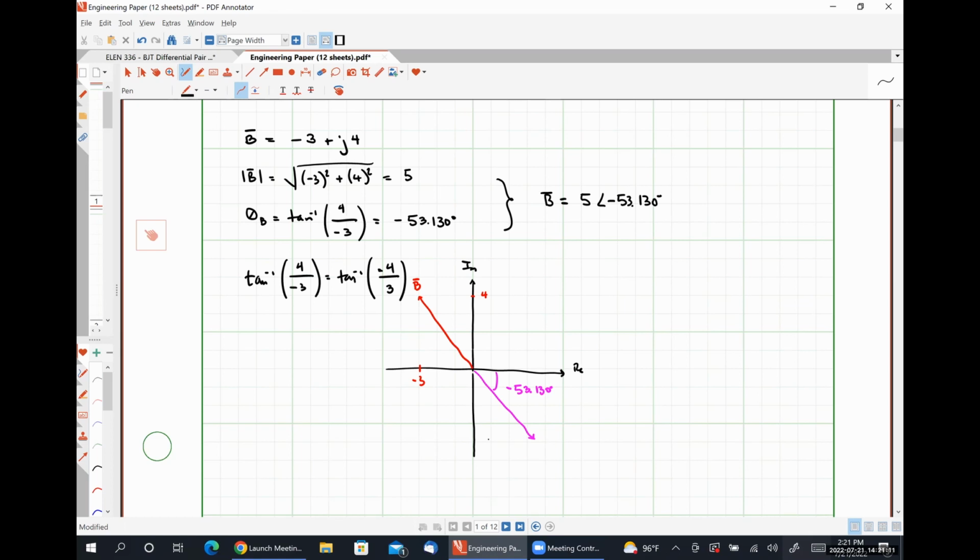But our calculators are smart enough to where if we put in the complex number -3 plus J4, and we tell the calculator to give us the result of that in polar form, it will not make the mistake that I've illustrated here. Let me throw it in here real quick.